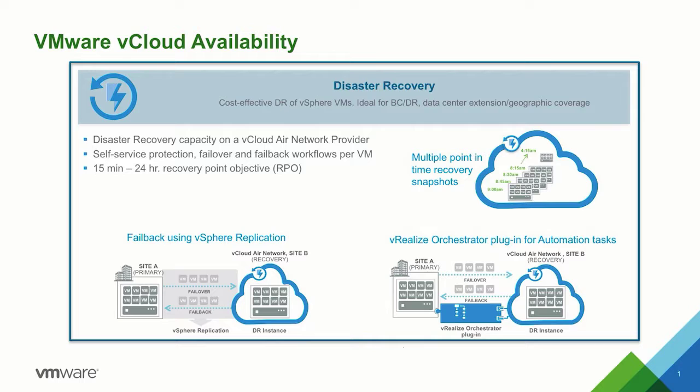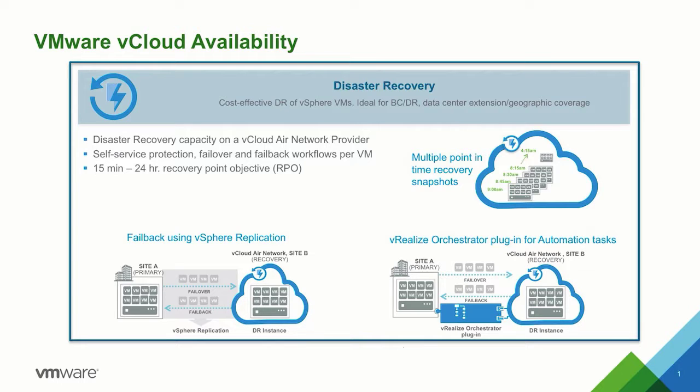Whether you're looking to provide failover capabilities for just your web servers, or to replicate your tier 1 applications out to a cloud provider, this service gives you those capabilities.